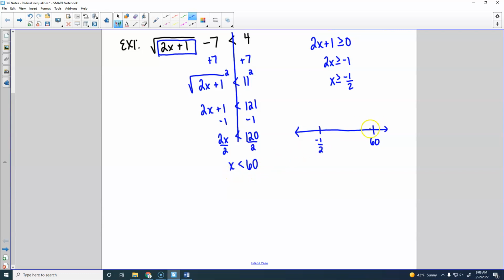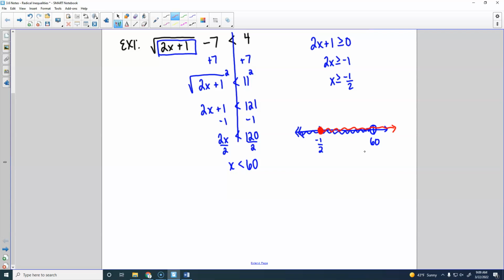My answer here is that x is less than 60. But I also know that x has to be greater than or equal to negative 1/2, right? So my answer is only where these two overlap.